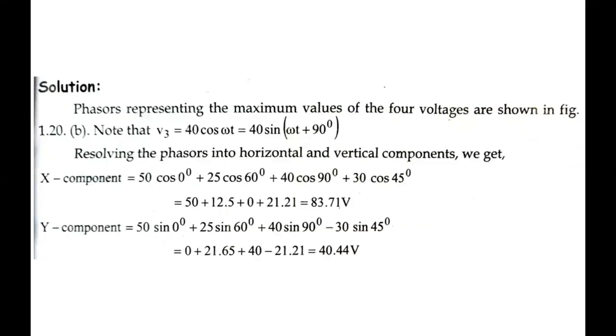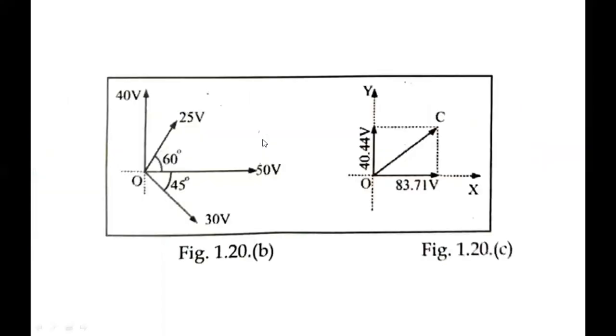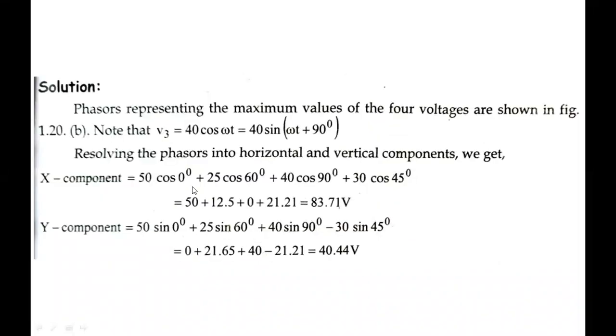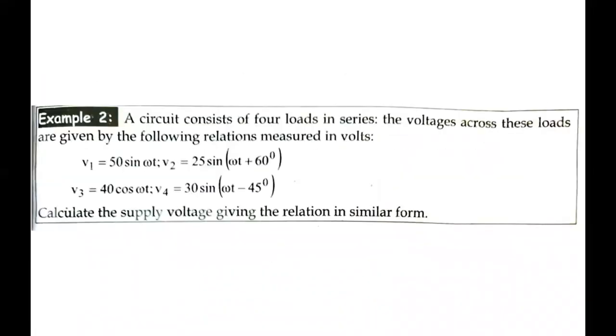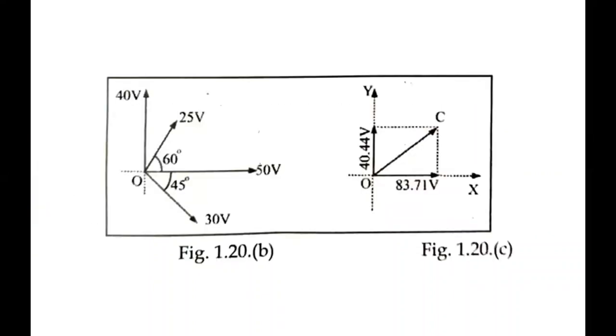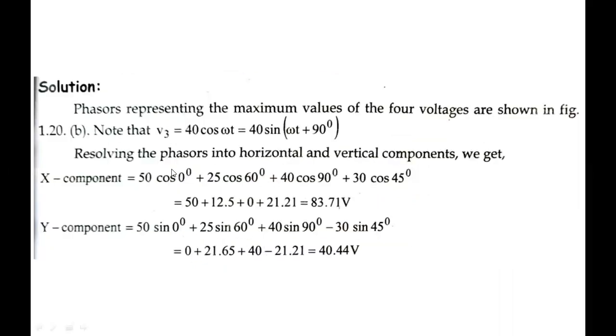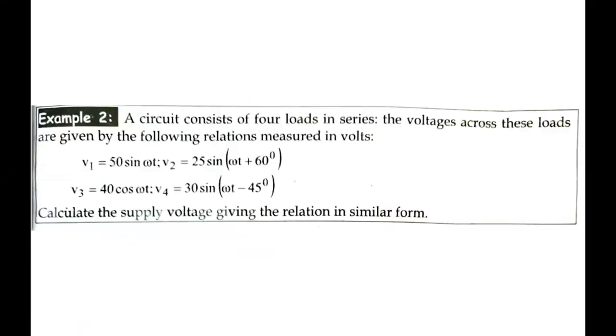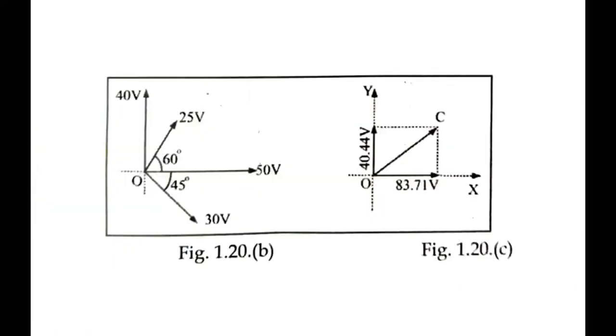Now phasors representing the maximum values of the four voltages are shown in the figure. V1 is 50 sin omega t. So this is V1, 50 sin omega t. V2 is 25 sin (omega t plus 60).